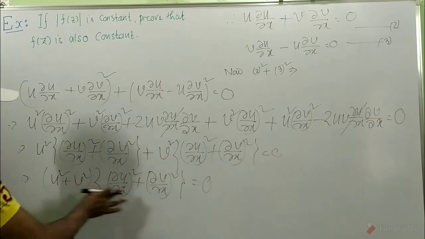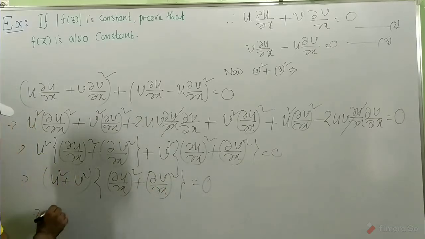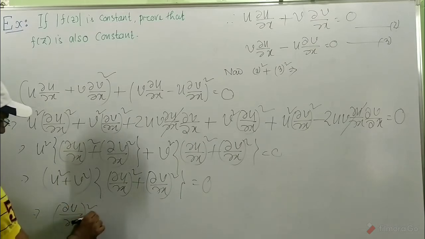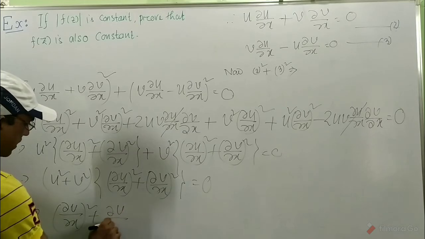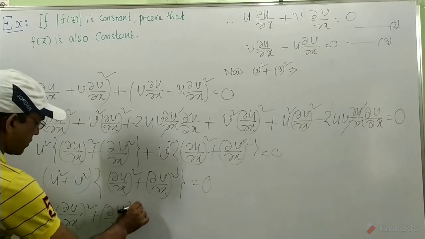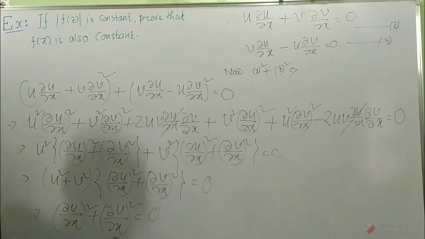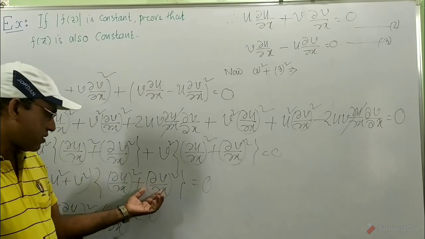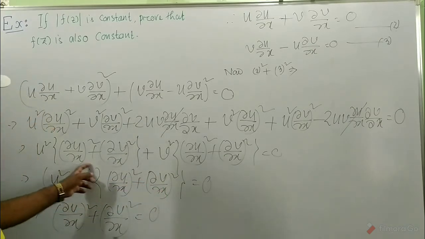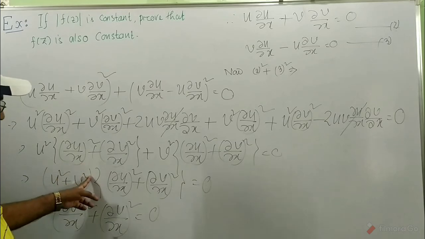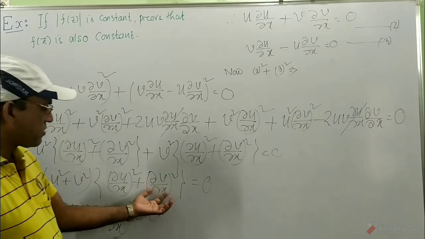If it is not 0, then (∂u/∂x) whole square plus (∂v/∂x) whole square must be 0, because their product is 0.